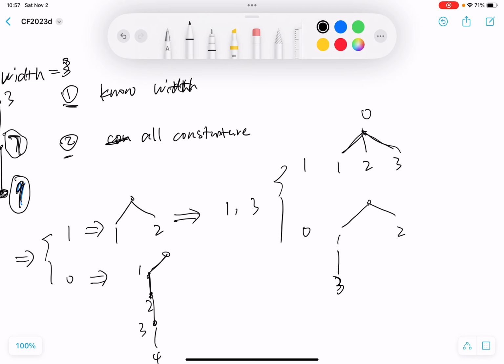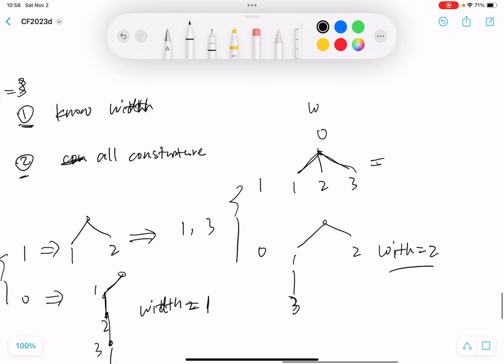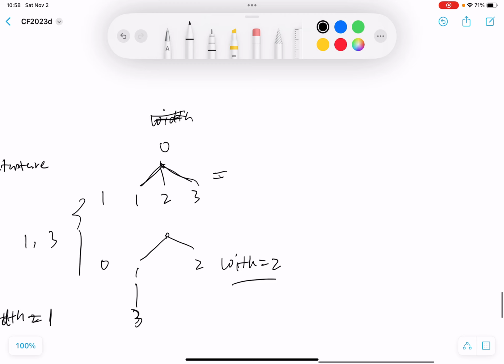We will know the width is 0, and in this situation the width will be 1. This will be 3. Actually, we don't need width. Let's take this as an example.